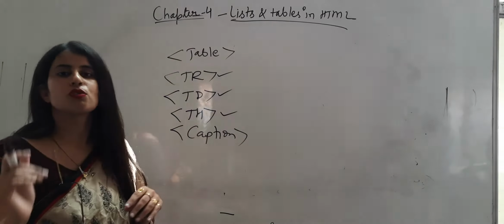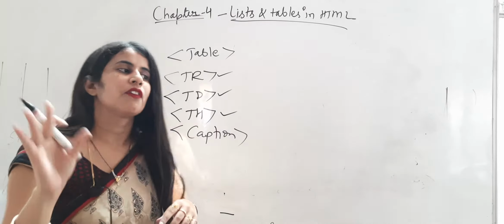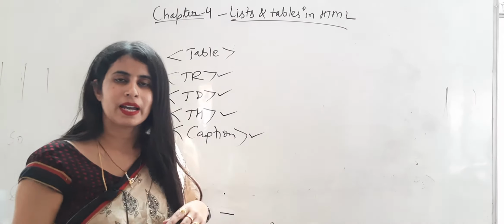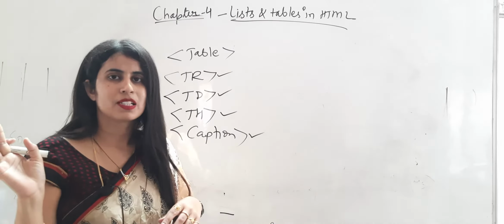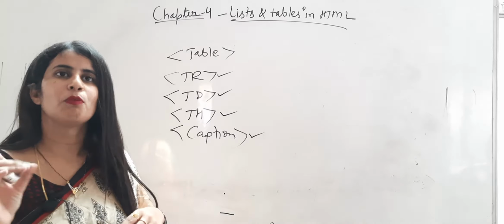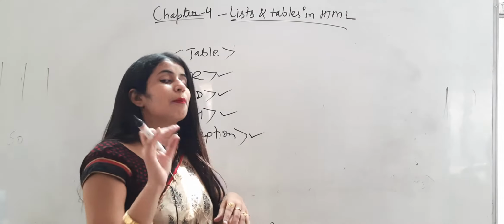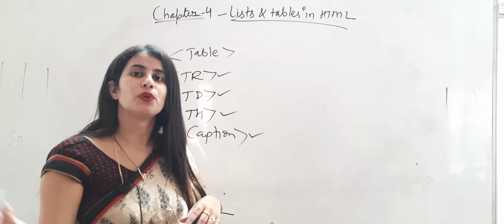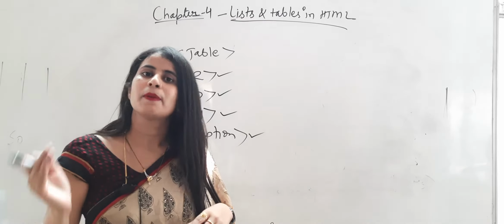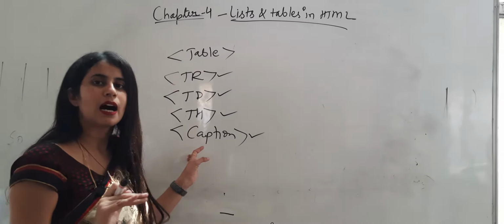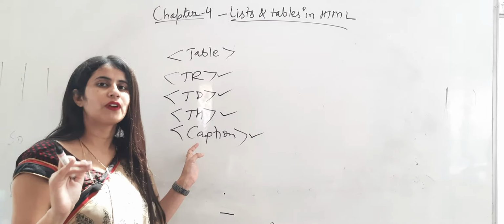The TH tag is used to define the heading of the table and the caption tag is used to define the title of the table. Suppose my table is related to marks of midterm, or to pre-mid marks, so we can change the title. So captions are used to define the title.